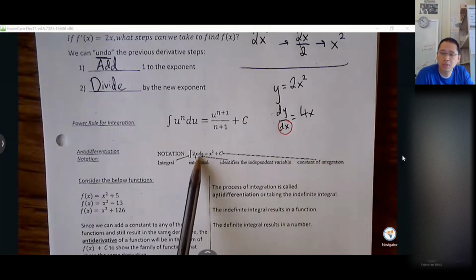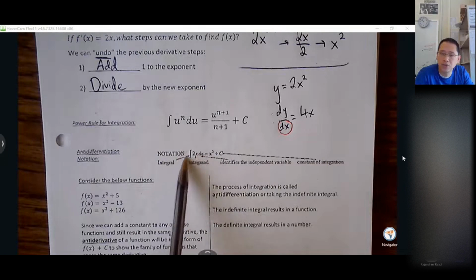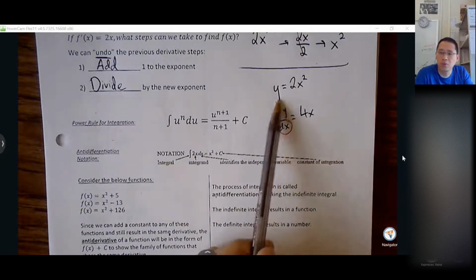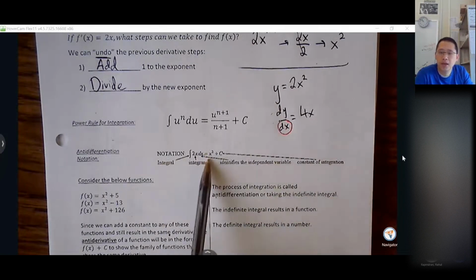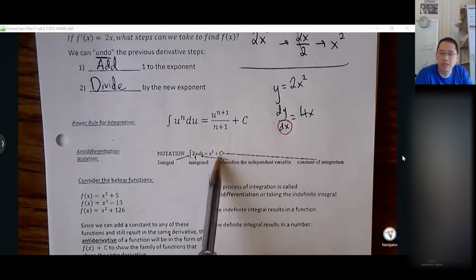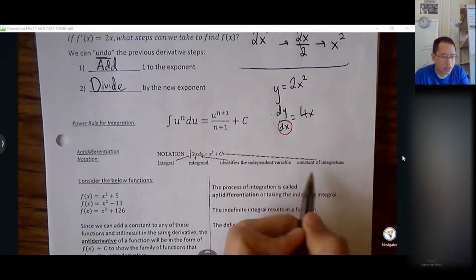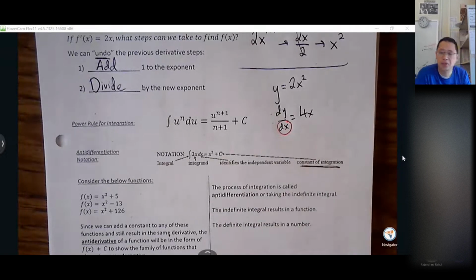So there's a multiplication component that shows we're doing the opposite procedure of slope, which is division related. X squared plus c, x squared is the antiderivative, and the plus c is what we call the constant of integration. It's going to show up each time we take an indefinite integral.